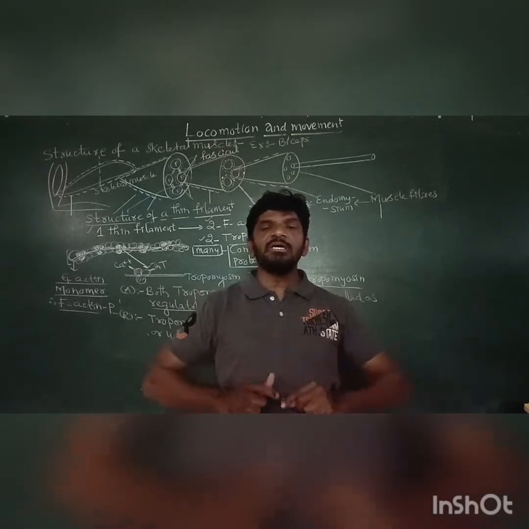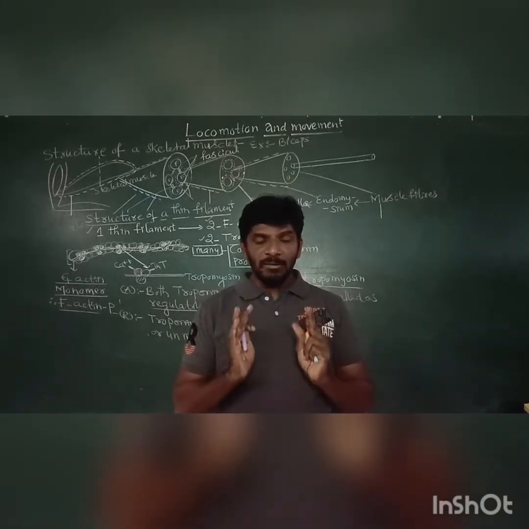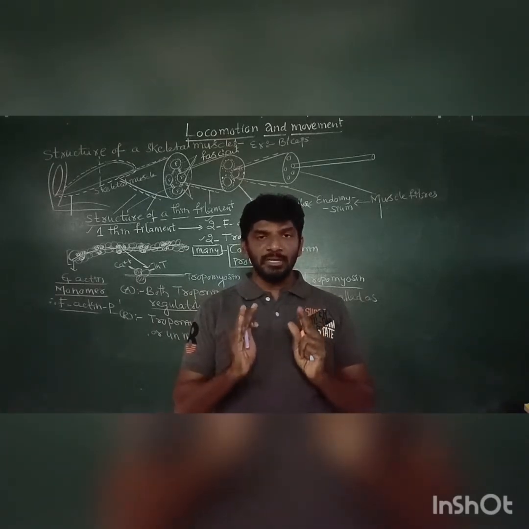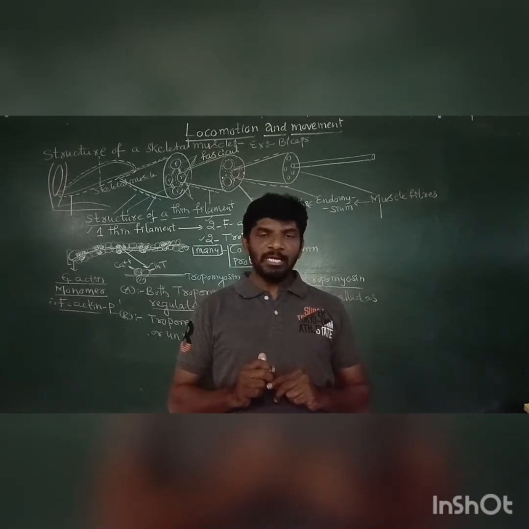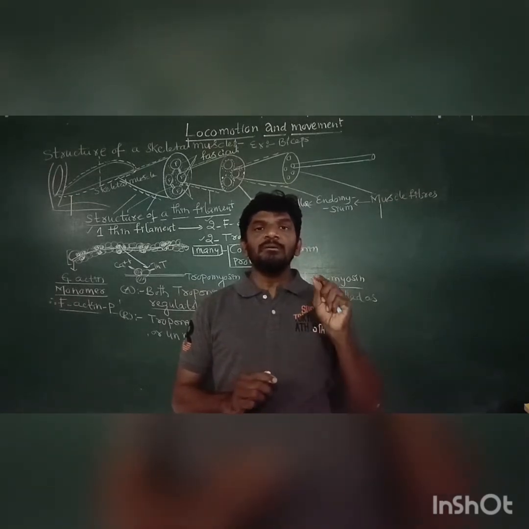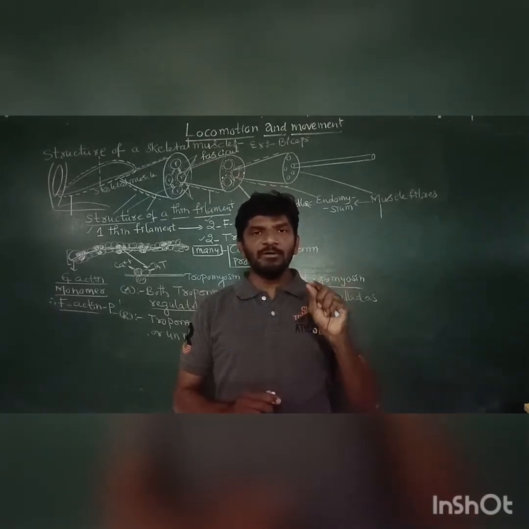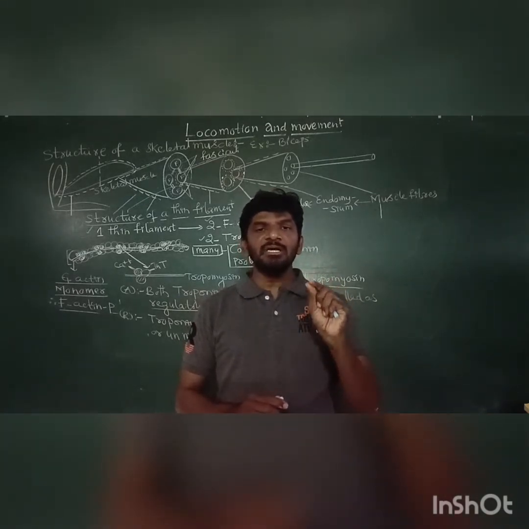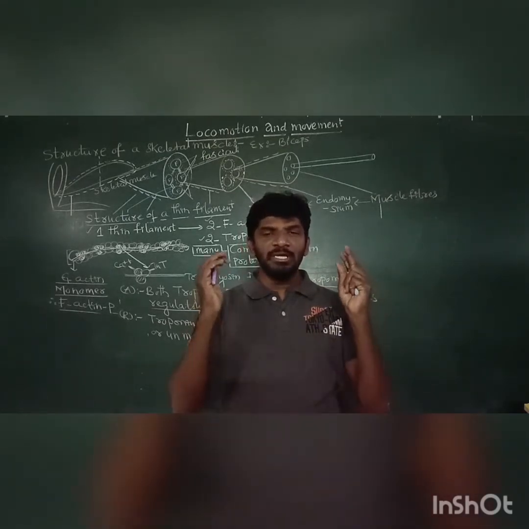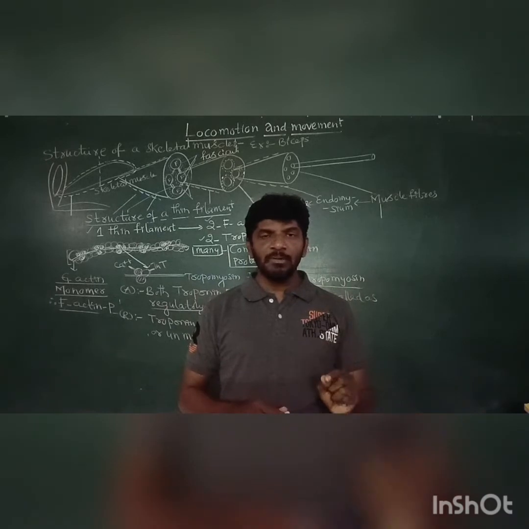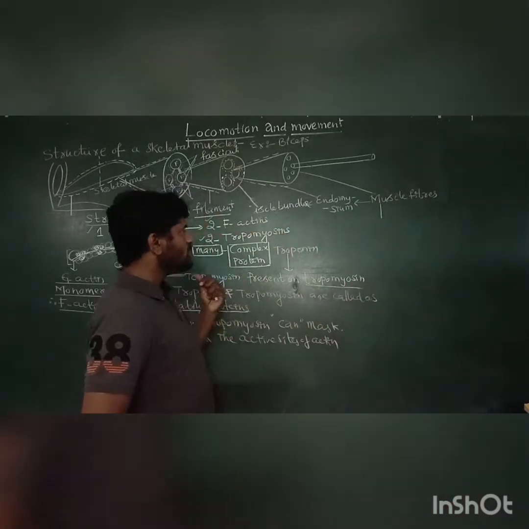When the muscle is in resting condition, thin filaments are present in the entire I band and also a part of the A band, excluding the H zone. But thick filaments are present only in the A band, the anisotropic band, or the thick dark band.